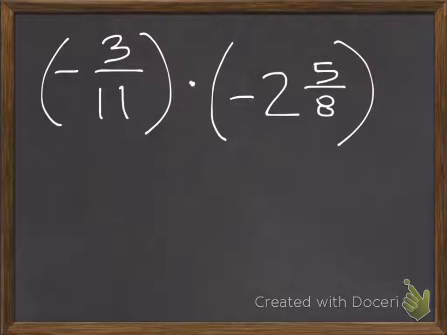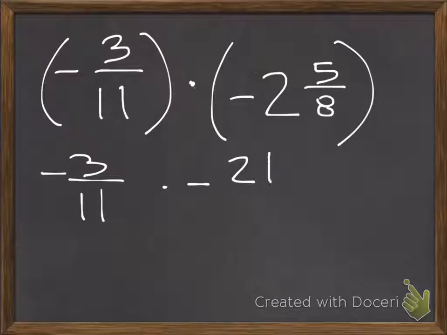Here we have one that is in mixed number form and one that is in fraction form, so I need to change my mixed number into a fraction first. I do that by multiplying my whole number times the denominator, so 2 times 8 is 16. Add the numerator, which is 21, and that makes this -21/8.